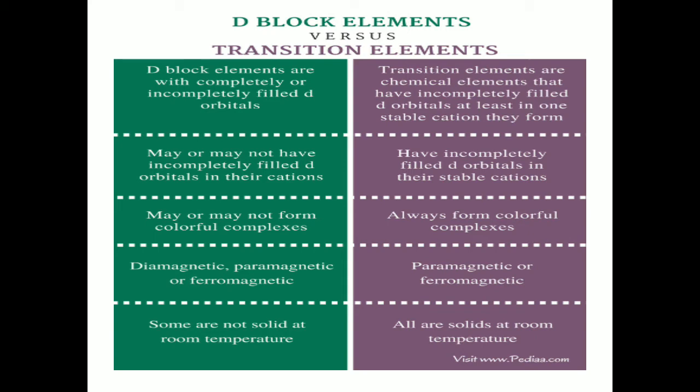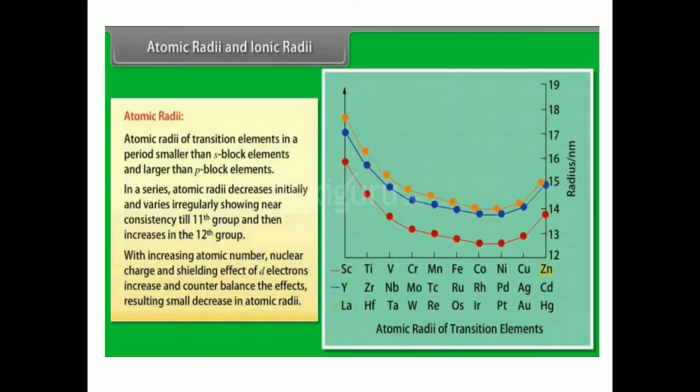The word difference is giving some idea about the changes of d block and transition elements. And a few properties we have here: atomic radii or ionic radii.